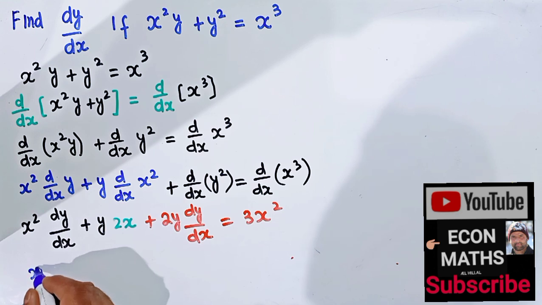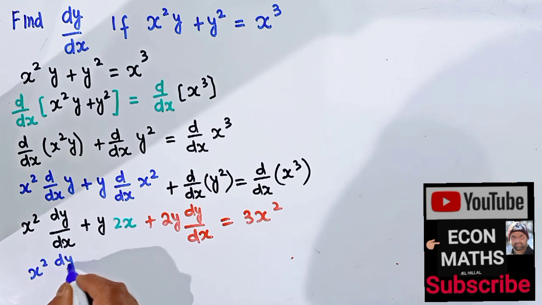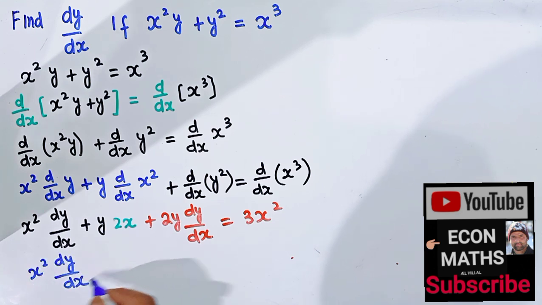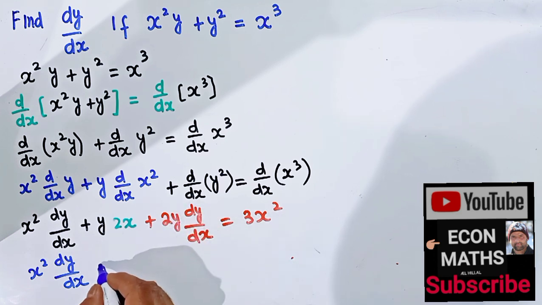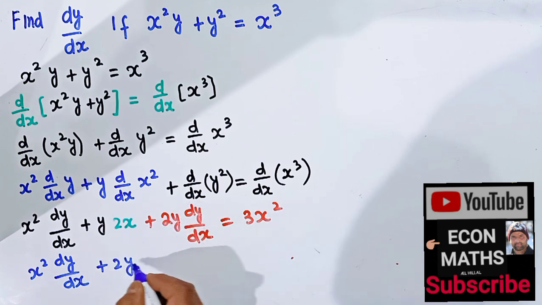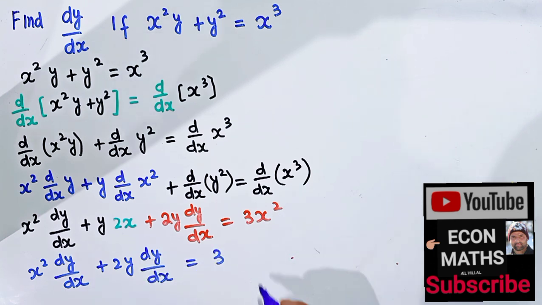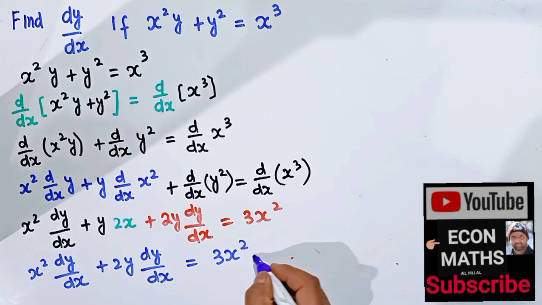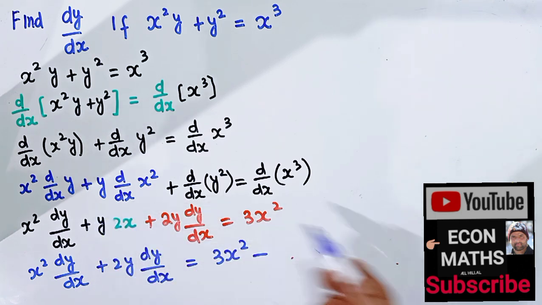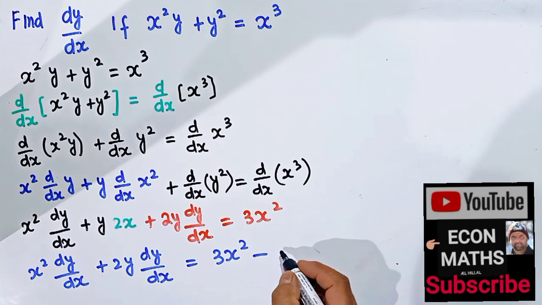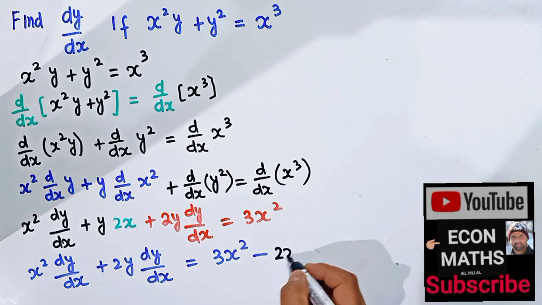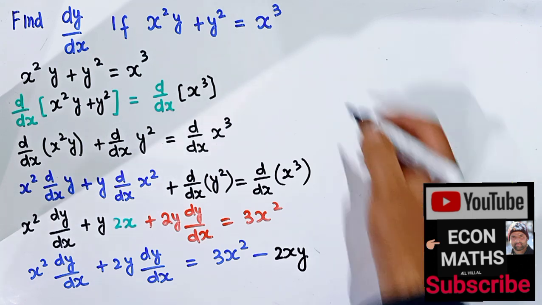So let's write x square dy upon dx. Then we write this third term, that is twice y dy upon dx, is equal to 3x square minus twice xy, since we transpose it to the RHS and it gets subtracted.